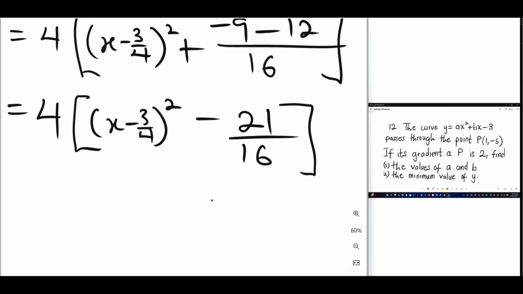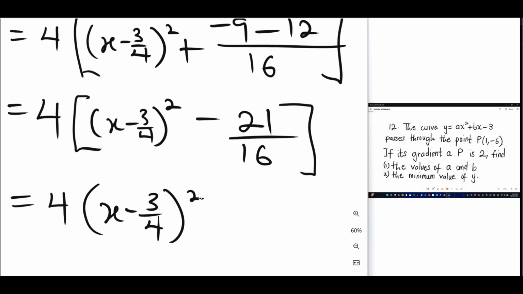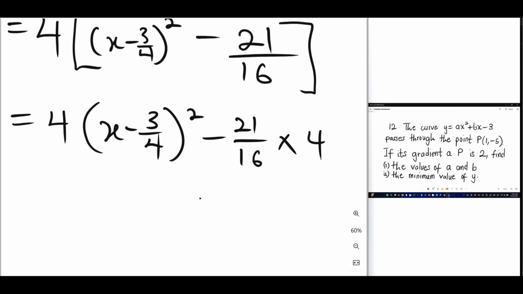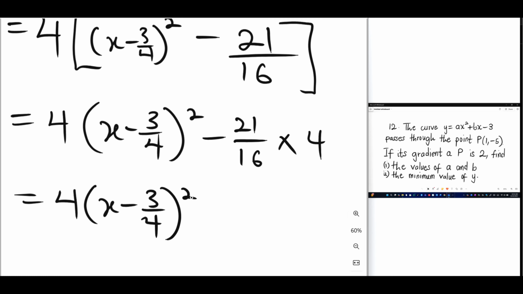So we can now expand the bracket. We get 4 multiplying x minus 3 out of 4 squared. Then negative 21 divided by 16 also times 4.